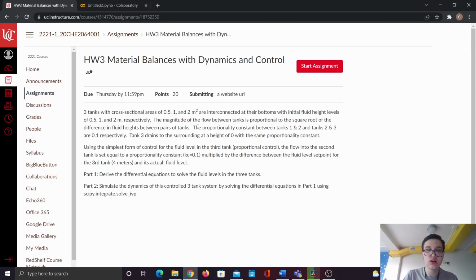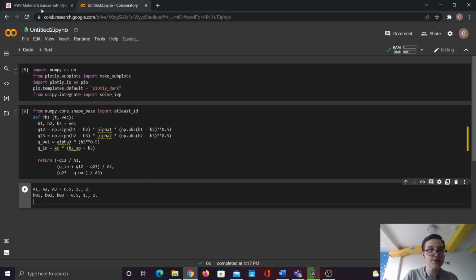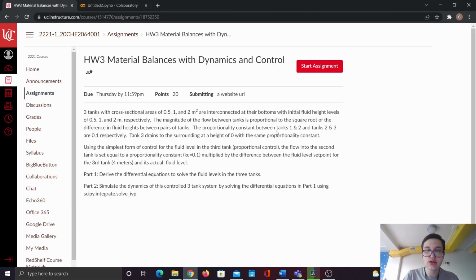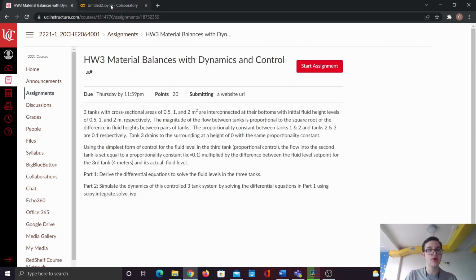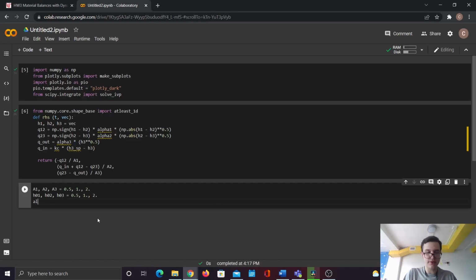We need alpha. The proportionality constant between tanks 1 and 2 and 2 and 3 is 0.1, the same proportionality constant, so alpha 1, alpha 2, and alpha 3 are all equal to 0.1, 0.1, and 0.1.